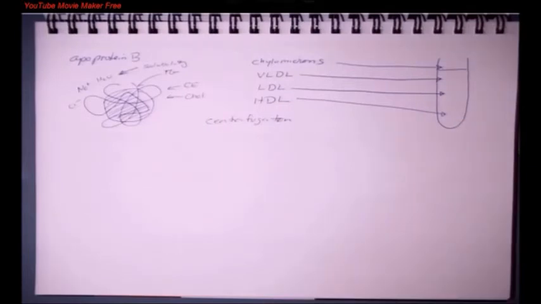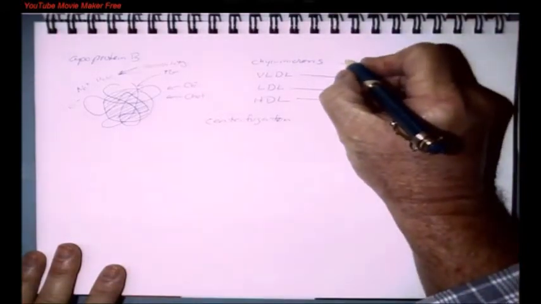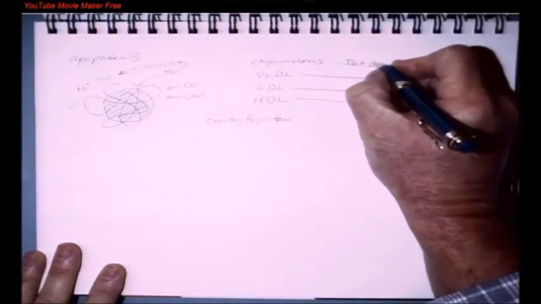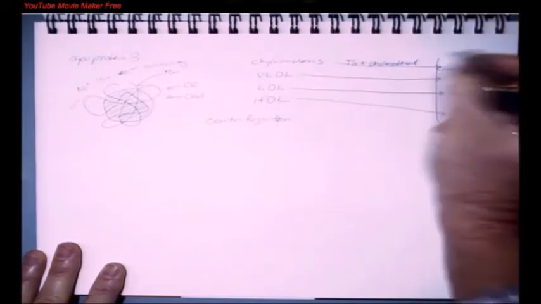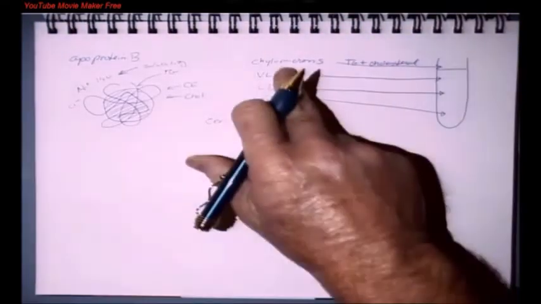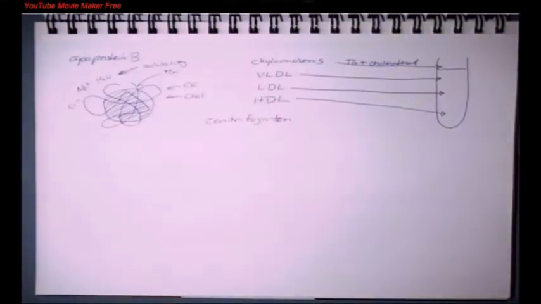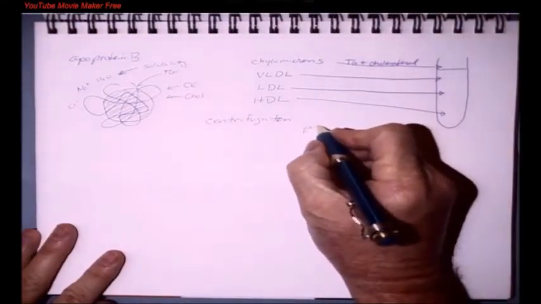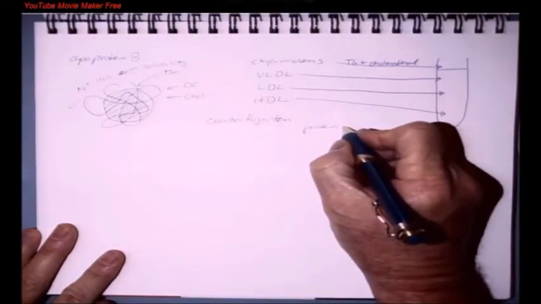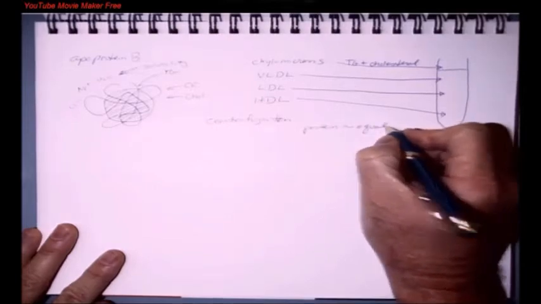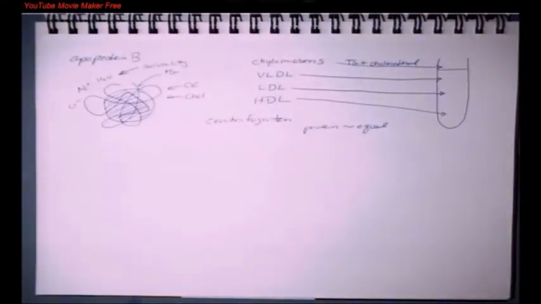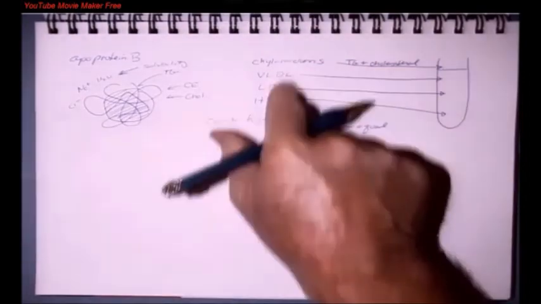Now, what controls the densities of these different products? Well, it's the concentration of triglyceride plus cholesterol. Each one of these particles has approximately the same content of protein. So the protein component of each of these lipoproteins is going to be establishing that core of the lipoprotein.